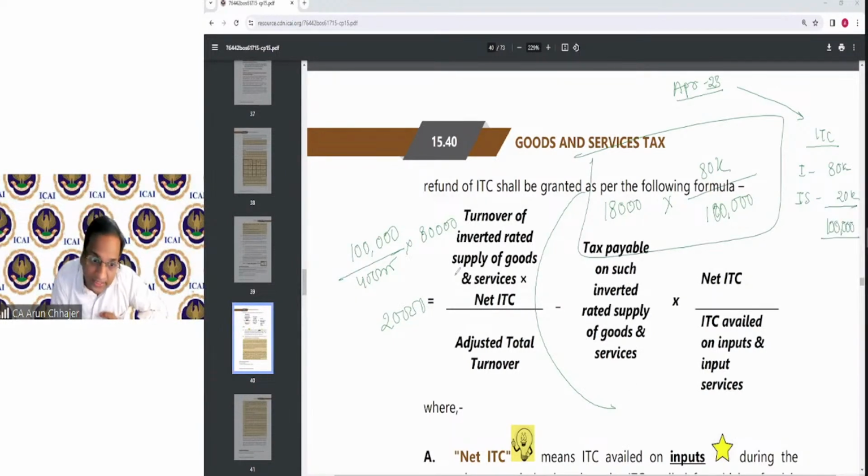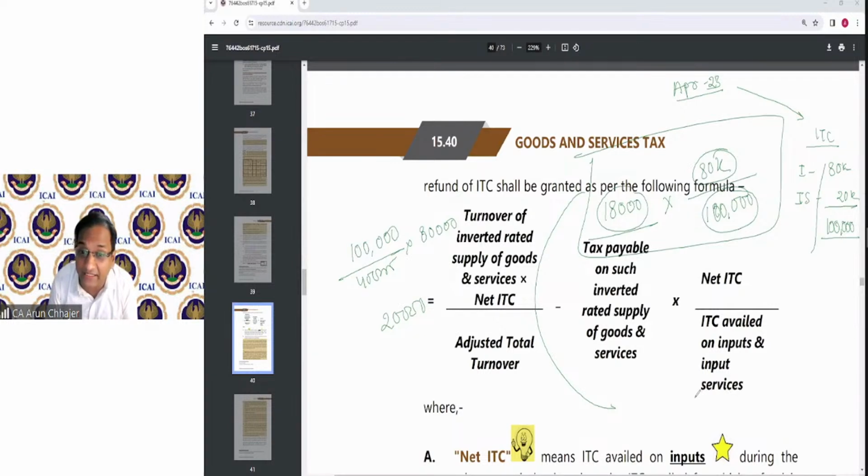So they are saying earlier we were reducing the entire 18,000, but as per the instruction of the Supreme Court, the formula was revised: do not take the full 18,000 liability, divide the liability in this ratio. What they are saying, multiplied by 80 divided by 1 lakh.